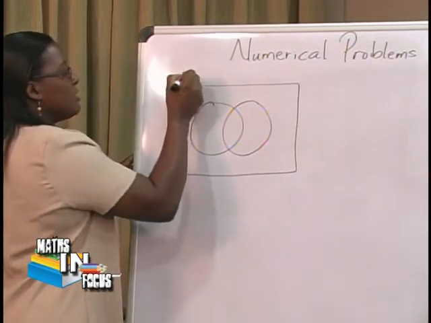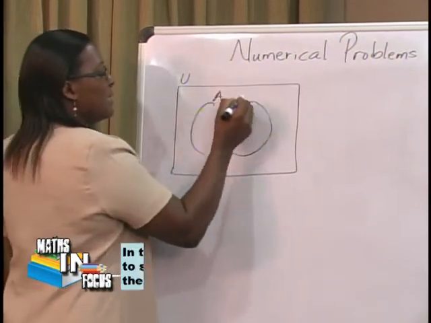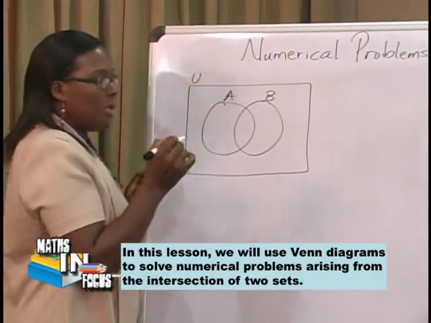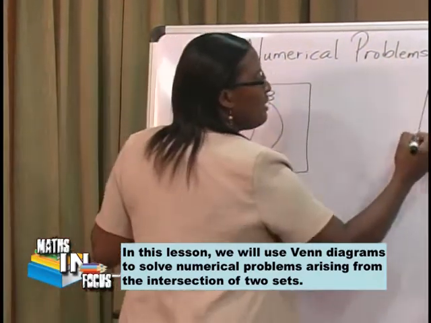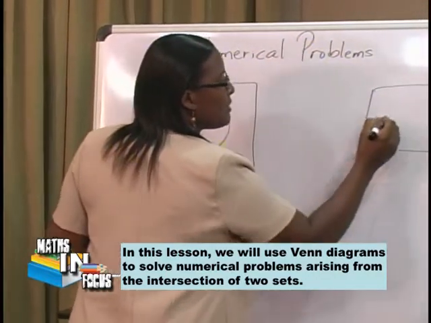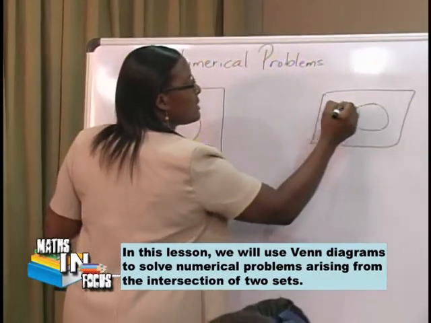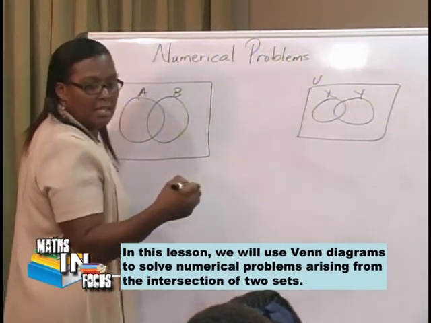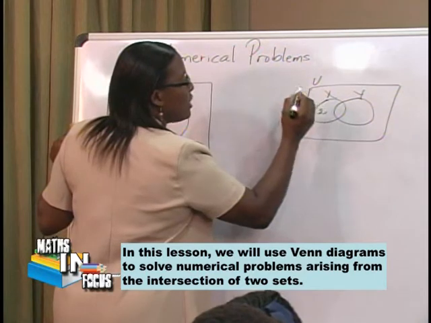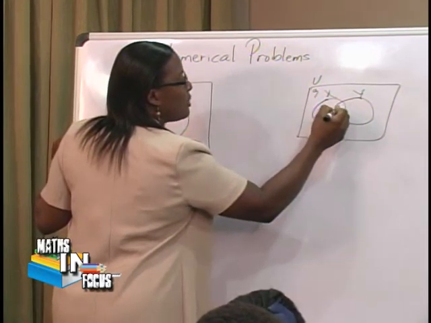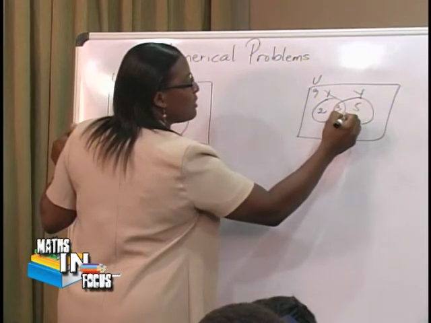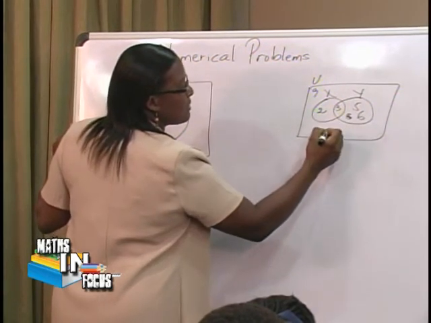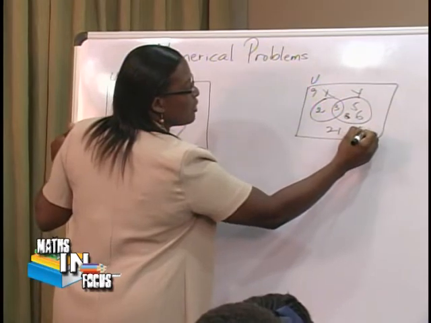I denote my universal set with U. I have my set A and my set B. Normally we're accustomed that if we have our universal set and our subsets in them, let's say X and Y, we're accustomed to seeing the elements. So we have 2, 9, 3, 5, 8, maybe 6, 21, 32.